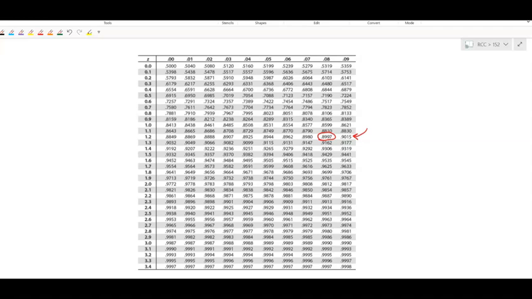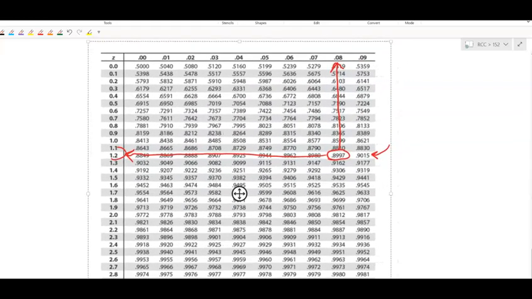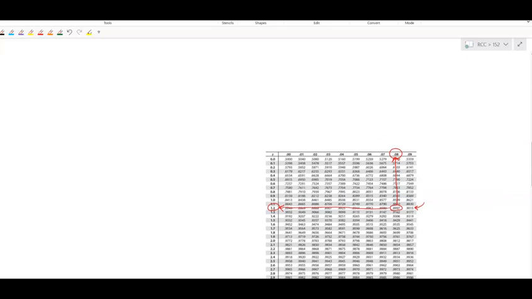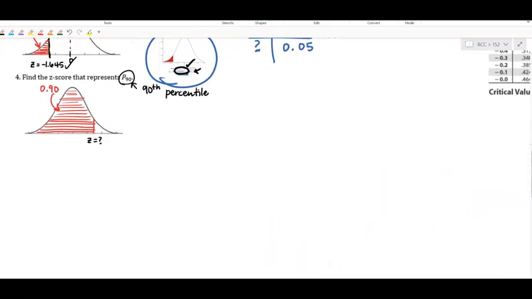That's only like 0.0003 away. So when this is the closest value, I don't have anything to average here because there's nothing else that's equally spaced away from what we're looking for. So I would just grab my z-score of a positive 1.28. So that is how we would do this problem if we were using the standard normal table.